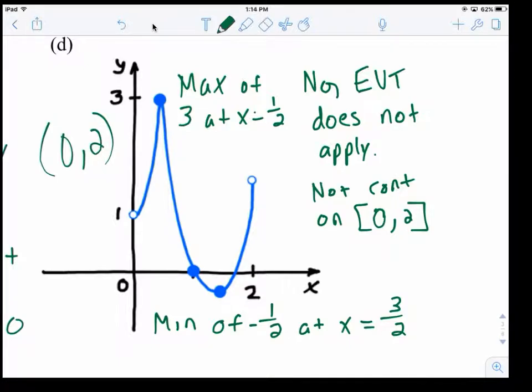That's kind of what she's saying, you'd have to check the endpoints. I mean, you could still find answers, but I don't feel like they would ask you a question just looking at open brackets. They might ask you for a closed interval.